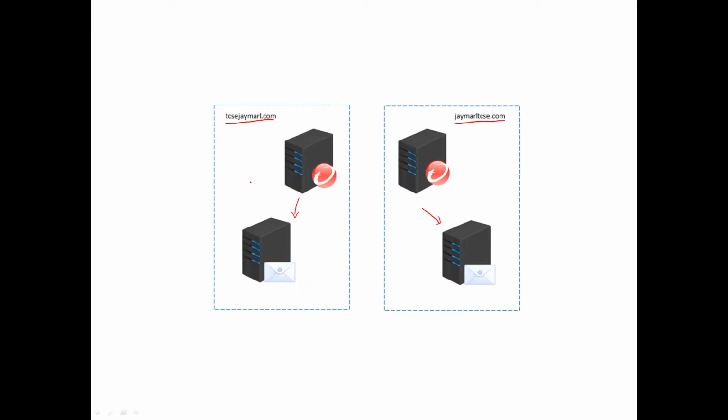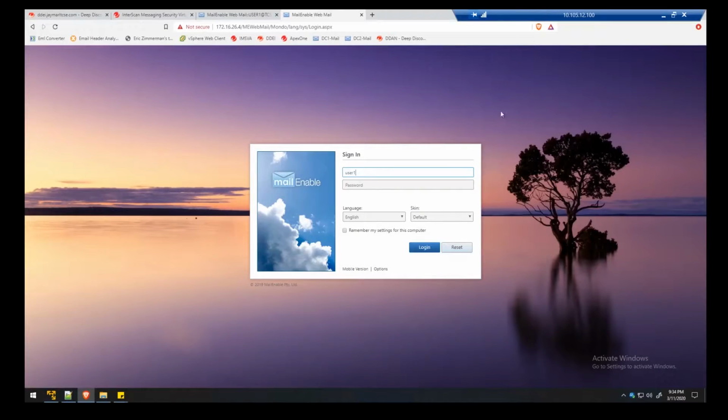From tcsejmrl.com, I have the IMSVA, while from jmrltcse, I have the DDEI. In this setup, I will be doing an attack from jmrltcse, so I will be sending emails to tcsejmrl.com. So let me log in.